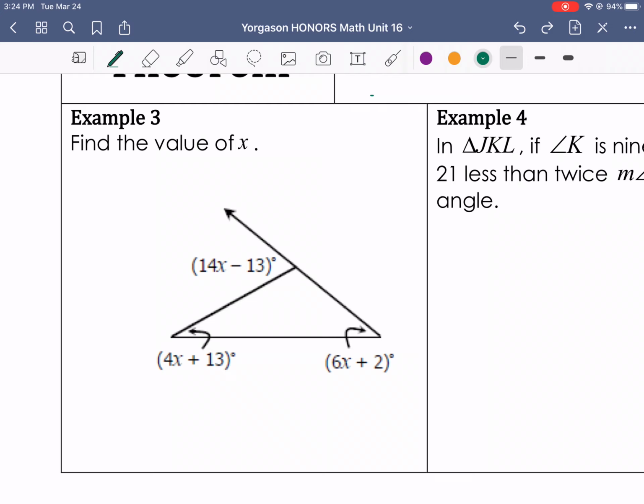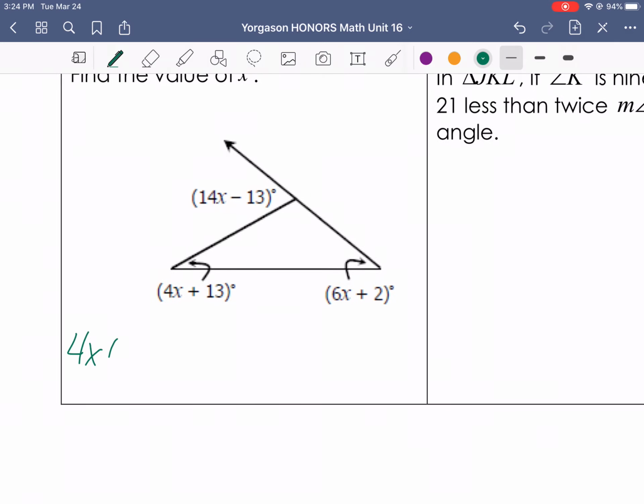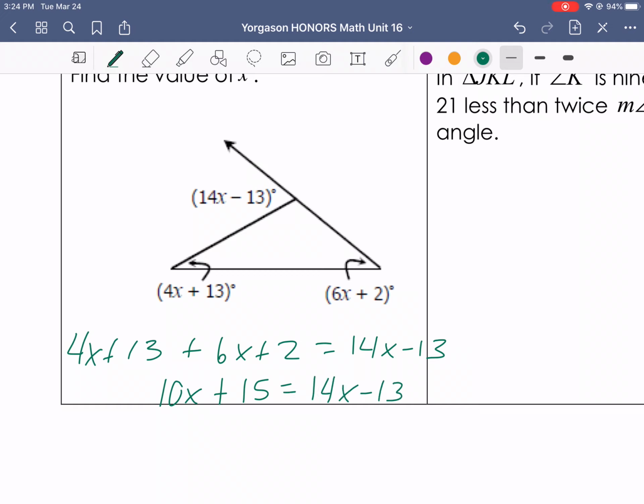Since they're both missing the same key part, they have to equal each other. So we can solve this by saying, okay, 4x plus 13 plus 6x plus 2 has to equal 4x minus 13. So I'm going to combine like terms on the left. And then as you go ahead and finish solving this, we would discover that x equals 7.